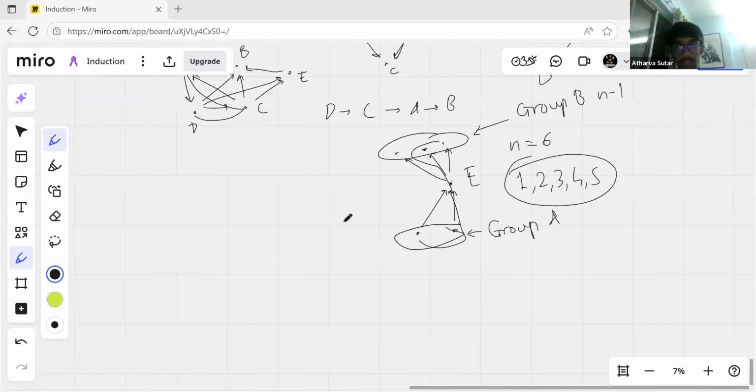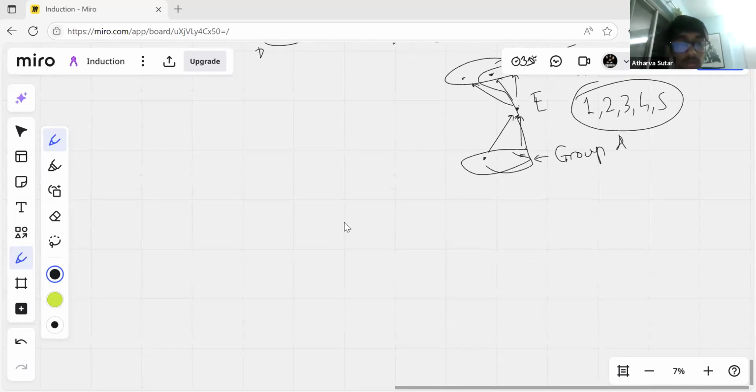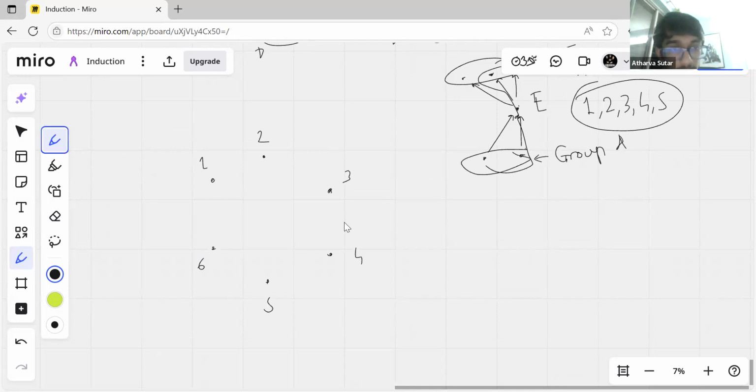Okay, wait, let me explain with an example to make it clearer. So you have this set of 6 cities. Let's call them 1, 2, 3, 4, 5, and 6. And you have these paths, for example.